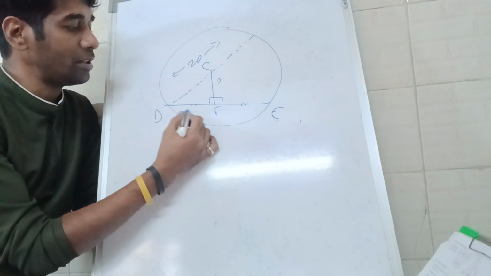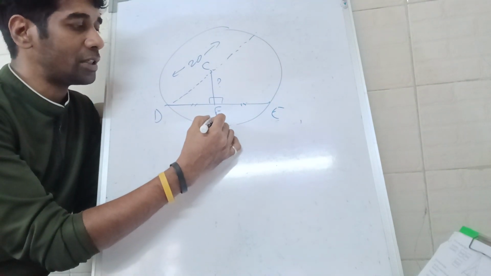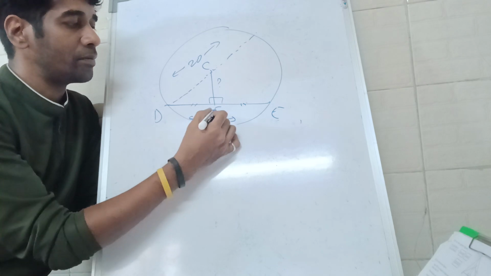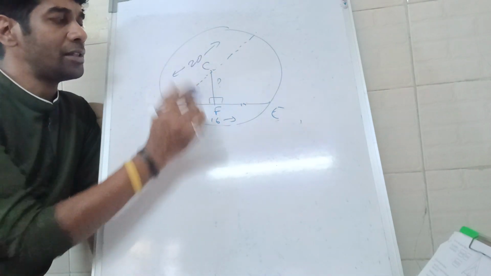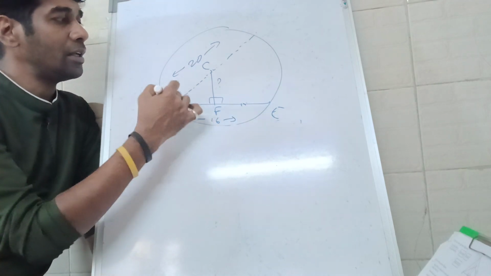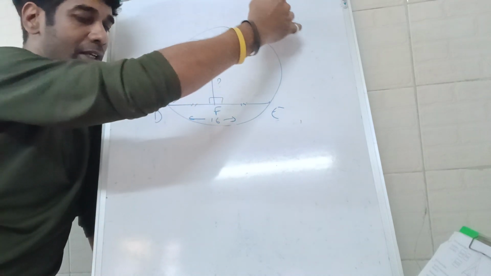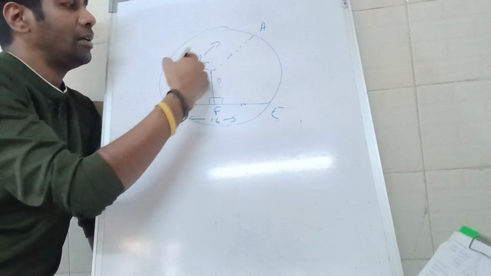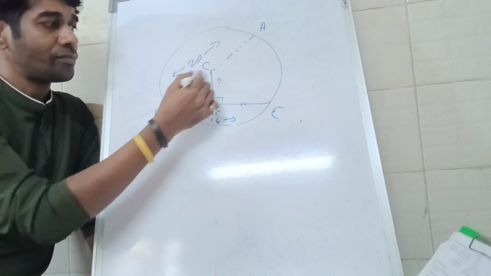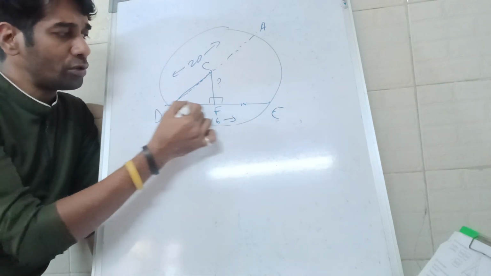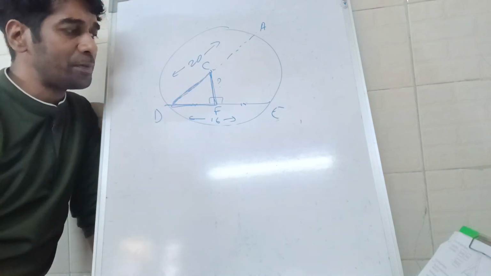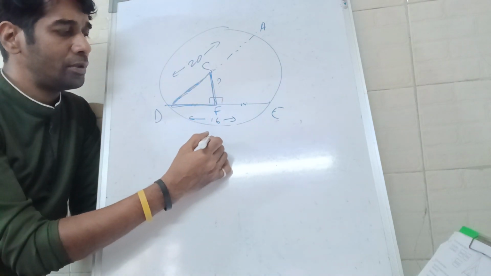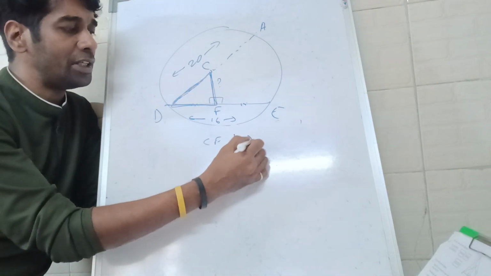Okay, and DE is how much? DE is said to be 16. It's a circle, center C, DE is 16, and diameter DA is 20. Remember, we have to go to this right angle triangle. First I'll say CF is perpendicular to DE.